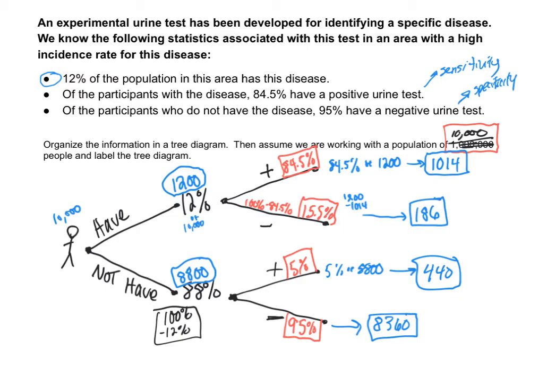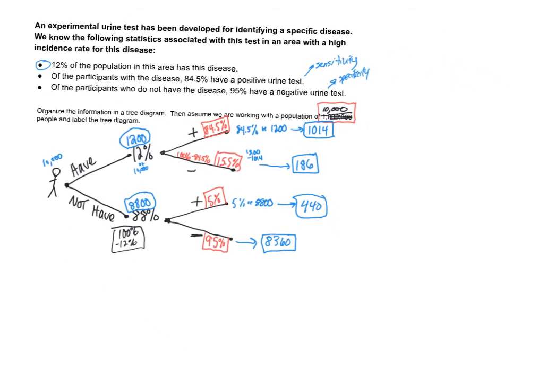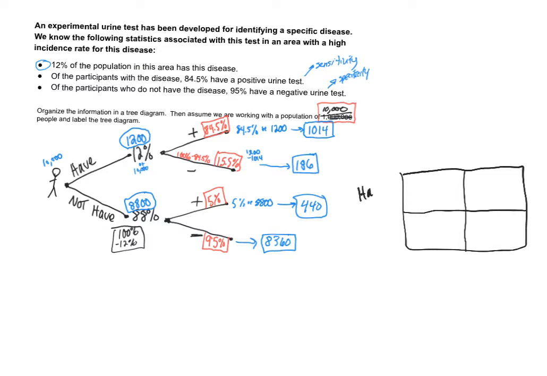So let's take a second here to take all this information and turn it into a two-way table, because that is what we've been working with in the past few weeks. There are going to be some people who have the disease and some who do not have the disease.